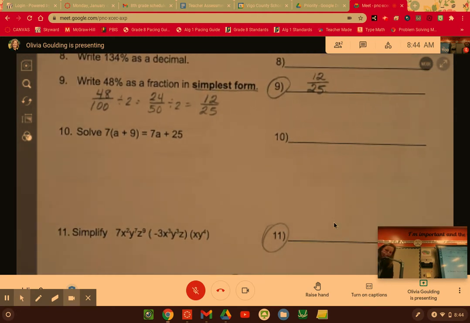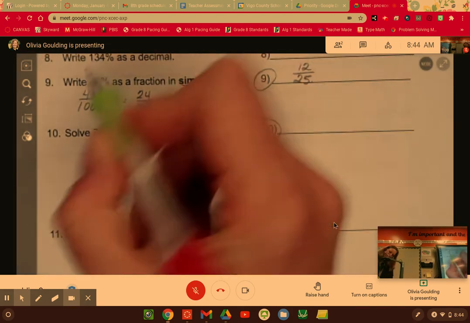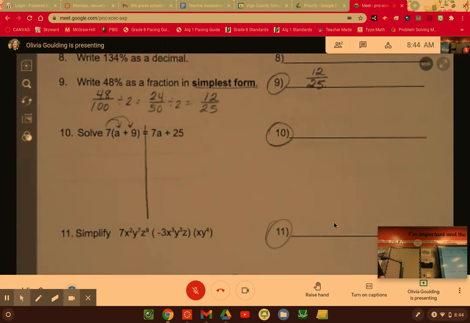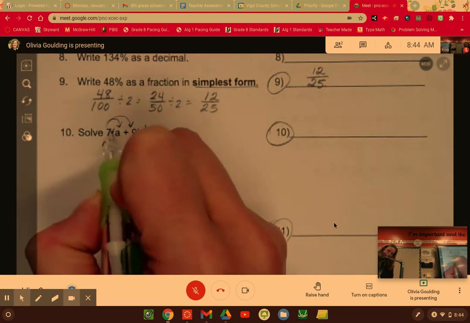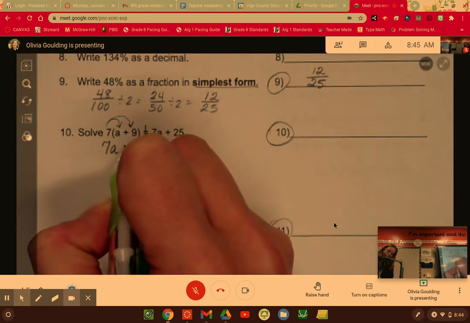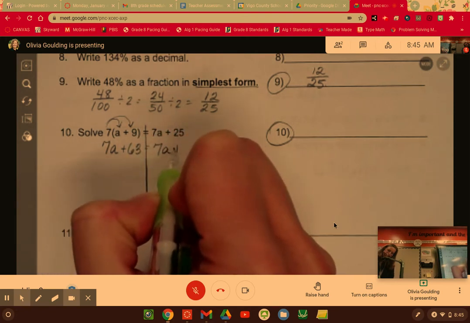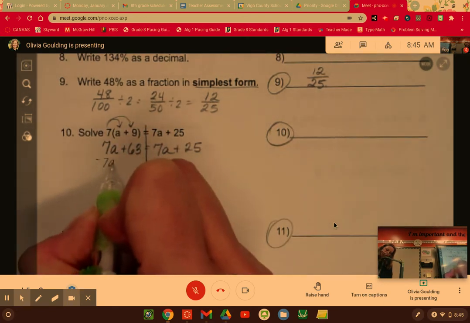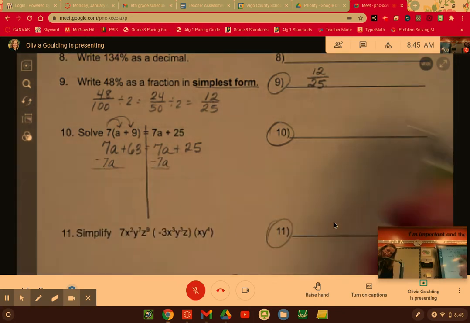Let's do number 10. Okay. So on this one, we have to use the distributive property when we're solving that equation. So we get 7 times a is 7a, and 7 times a positive 9 is plus 63. And then if I go ahead and subtract 7a from both sides, this is going to be 0 on both sides.